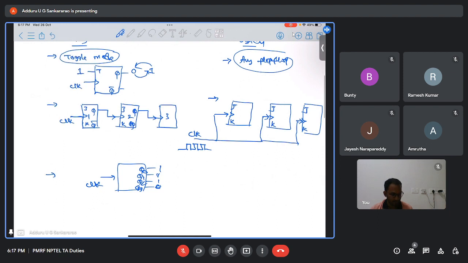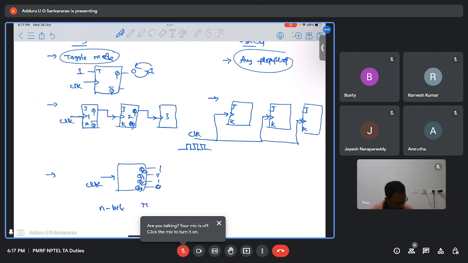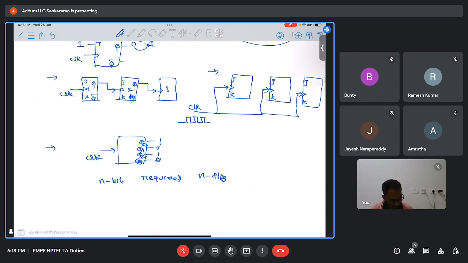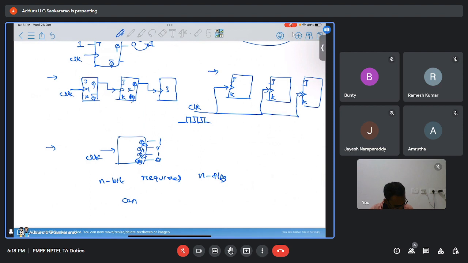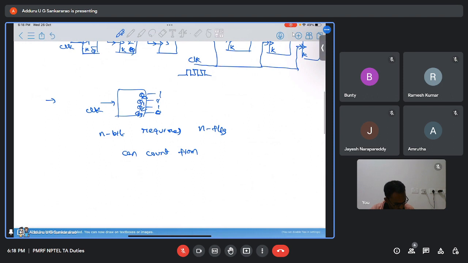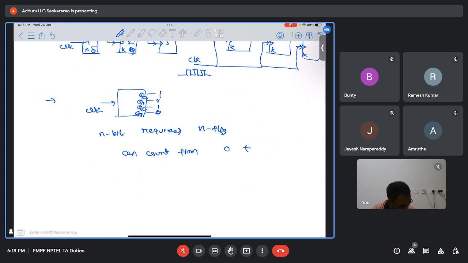Okay, and as I said, an n-bit counter requires n flip-flops, and an n-bit counter can count from state 0 to 2 power n minus 1.